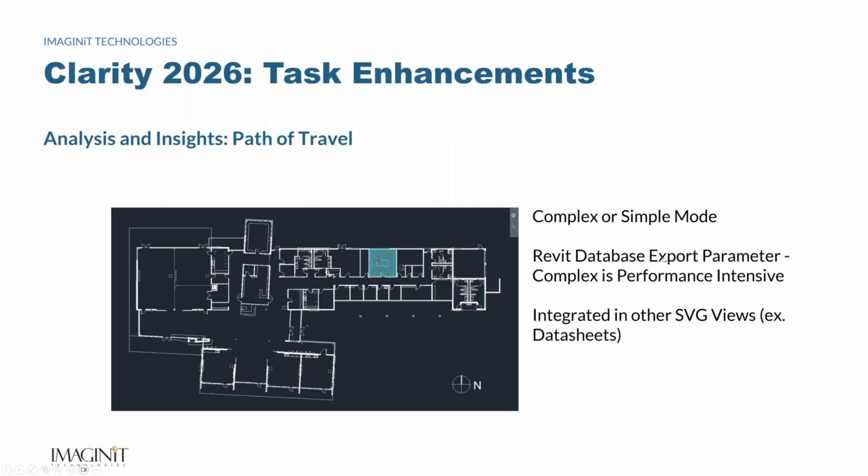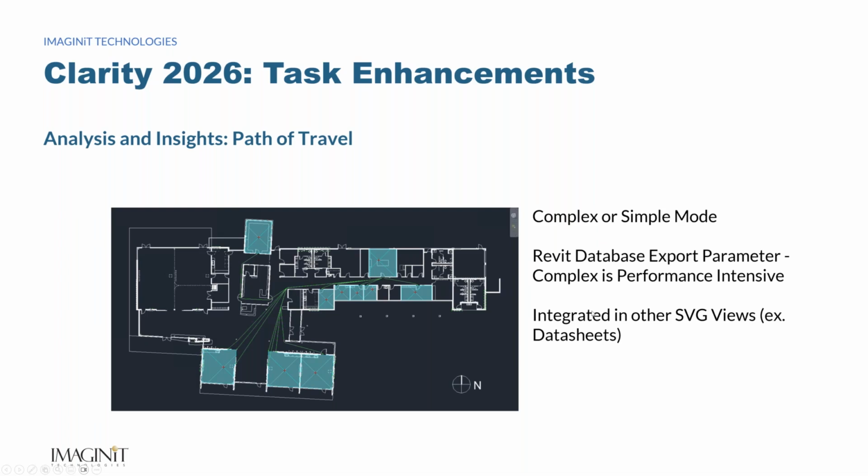We added a bit of analysis tool to the Revit database export. This will calculate the path of travel from one room to any other adjacent or near room in the same department. So if I show this little video, this is just kind of a user interface display of what the values mean, but it's an option on the database export that you can turn on, and you can run either intense or a simplified mode.